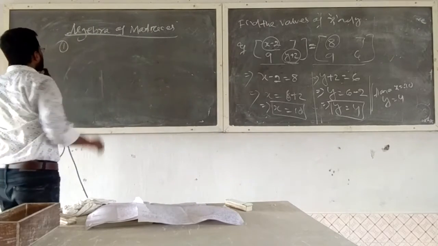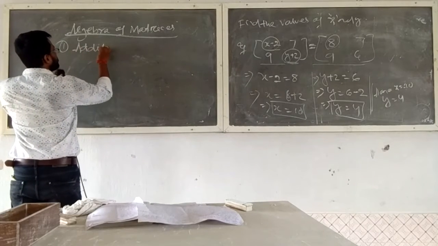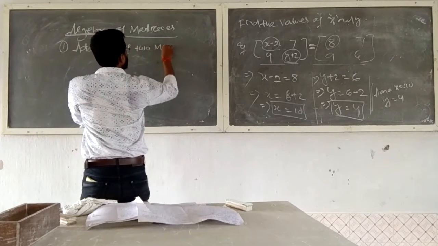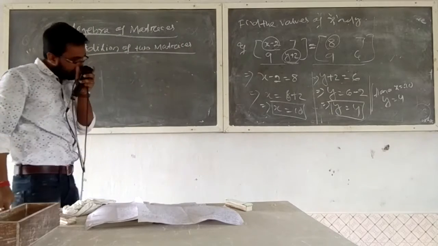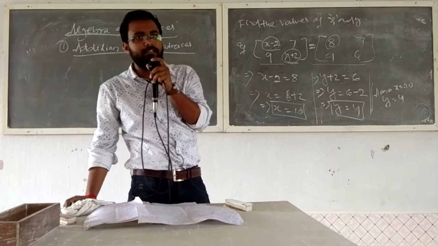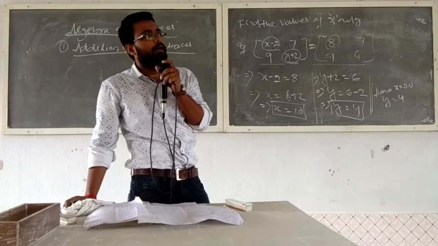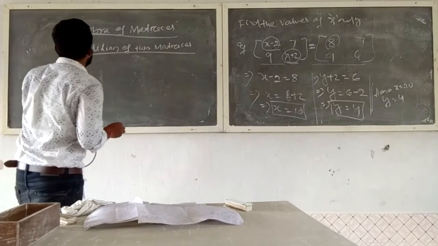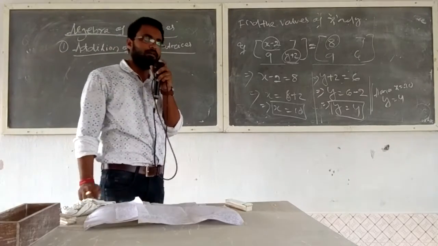First we study the addition of two matrices. Addition of two matrices means we add the two matrices to find the final matrix, and matrix addition will be possible if the two matrices have the same order.